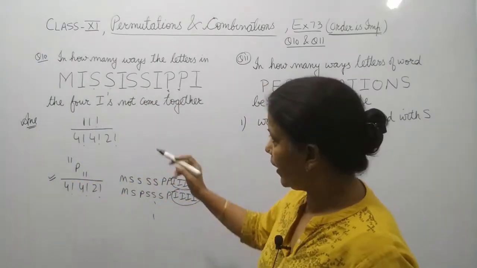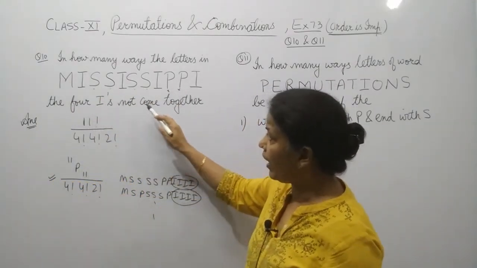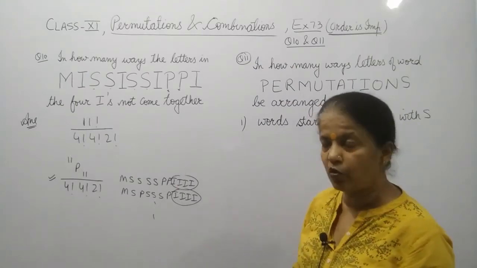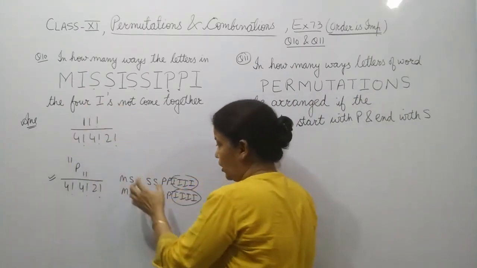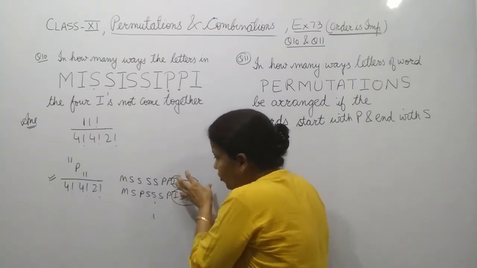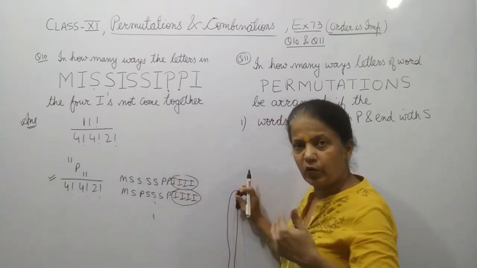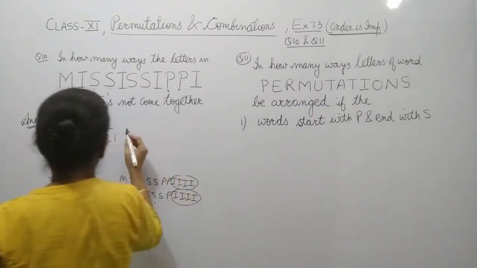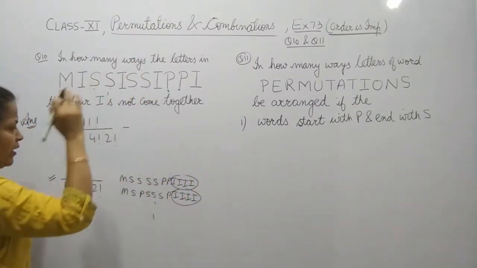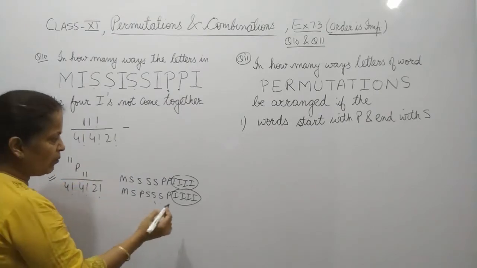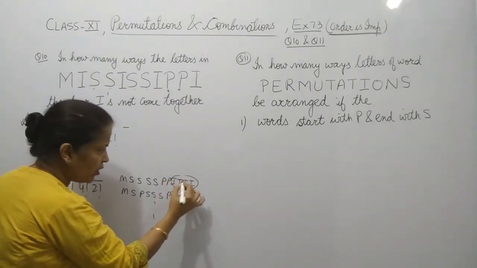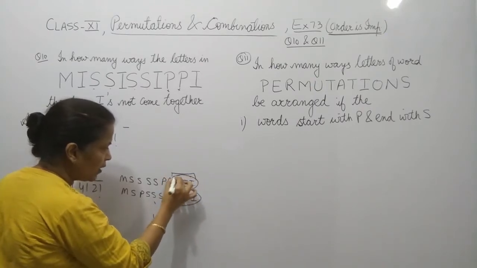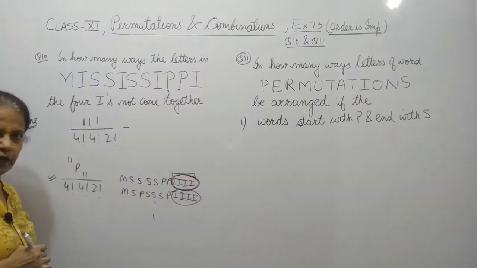So according to the question, the 4 I's should not come together. So what we have to do is subtract the cases where the I's come together from the total, then only you will get the answer. 4 I's together means these should be together, so we make them one bundle, one number.